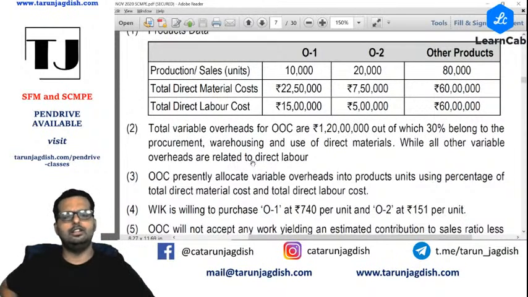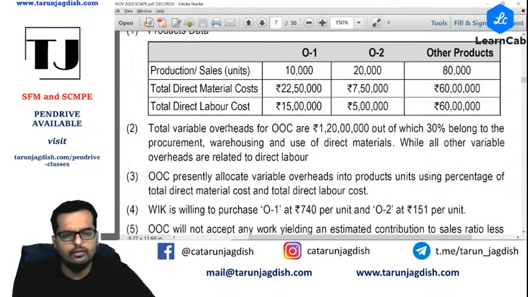Let's read through this once again. What is the total variable overhead told over here? 120 lakhs. Out of this 30% is belonging to procurement, warehousing and use of materials, and they're saying that other variable overheads are pertaining to the labor.